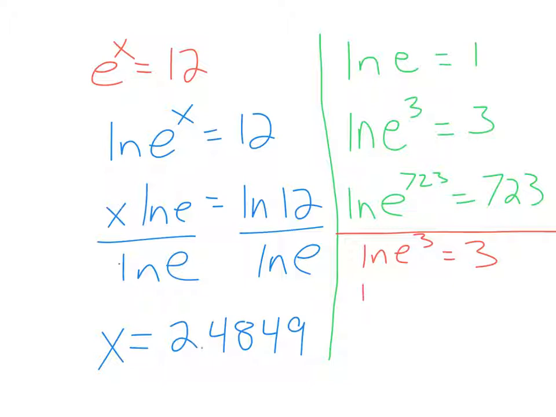This is the same as log base e of e to the third equals 3. So if I change it to the other form, it would be 3 log base e.